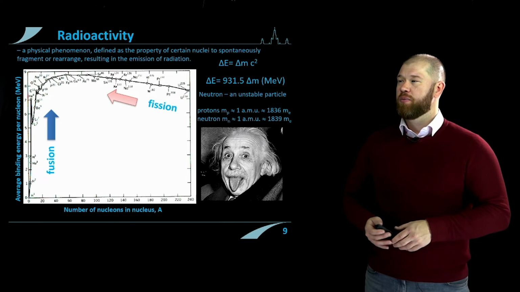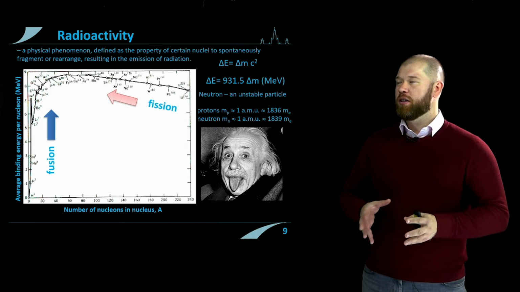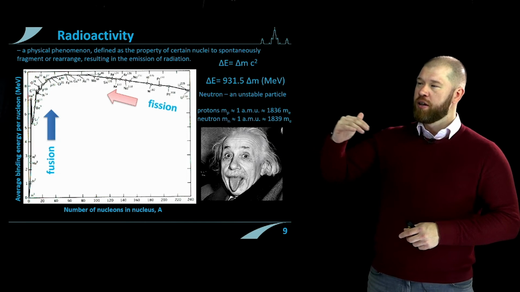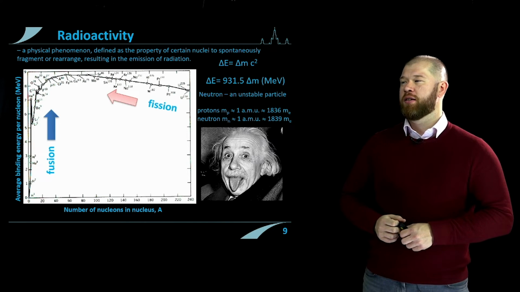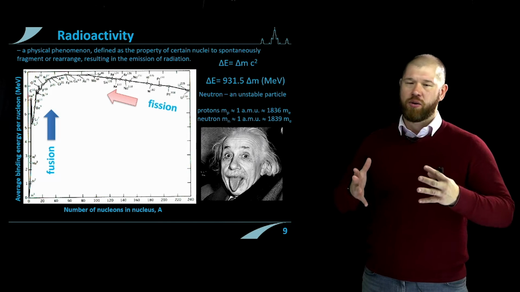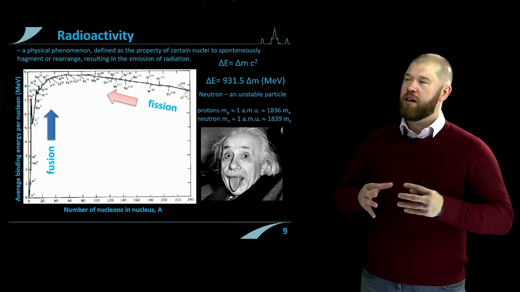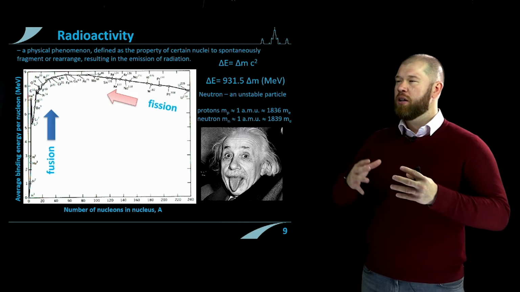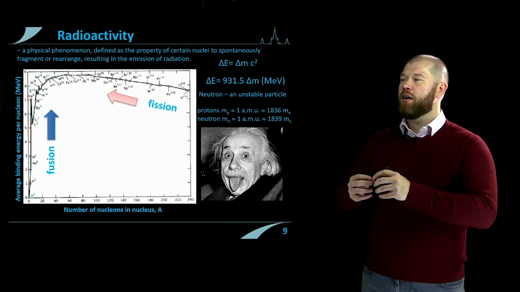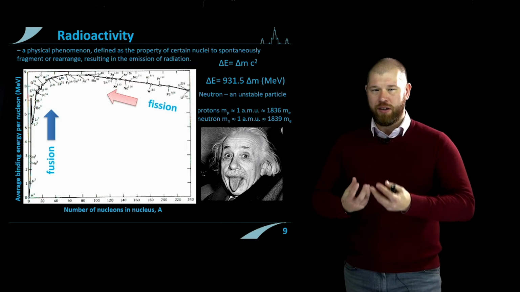And after a certain point on this curve, located around iron, there is a decrease in the average binding energy. That means that for very heavy elements like uranium, plutonium, and others, it can be very favorable to split into lighter atoms, which have a higher binding energy inside the nucleus.